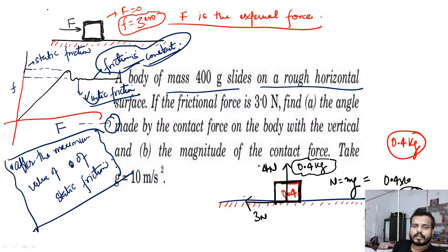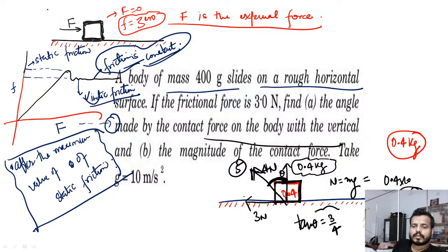Alright, so what is the angle between the contact force and the vertical? So this is the net contact force, that will be 5. Contact force with the horizontal or with the vertical. So with the vertical, tan theta is equal to 3 by 4. Alright.